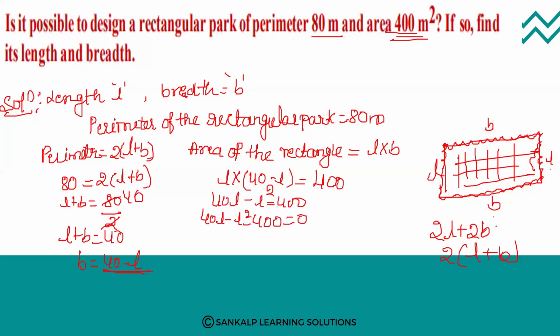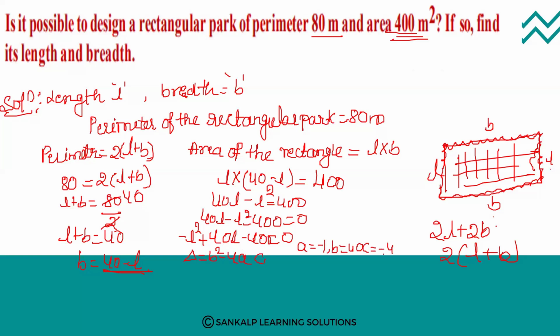Now rewrite this equation: minus L square plus 40L minus 400 is equal to 0. Now, by using the discriminant, B square minus 4AC. A is equal to minus 1, B is equal to 40, C is equal to minus 400.